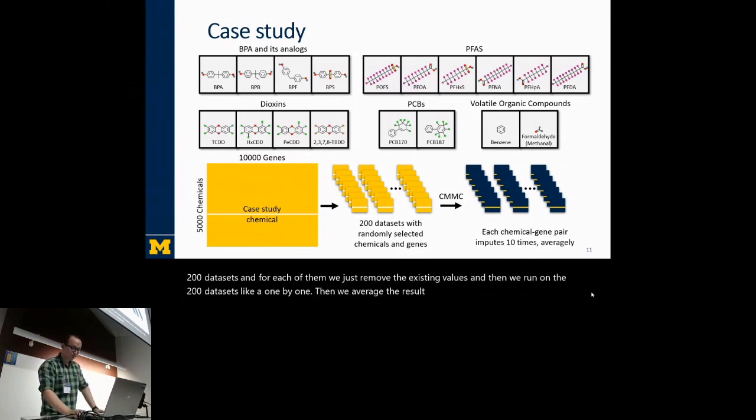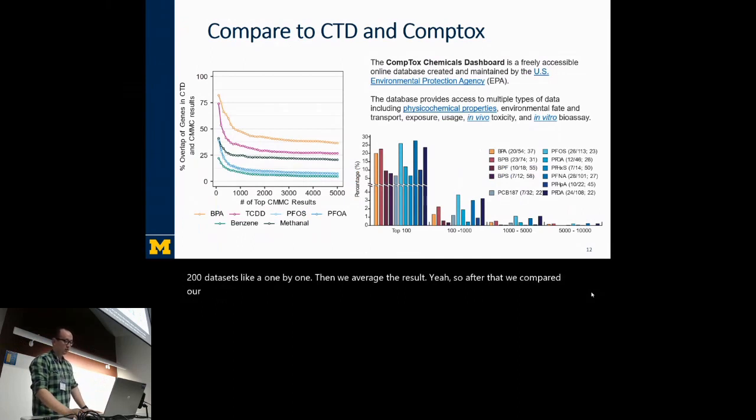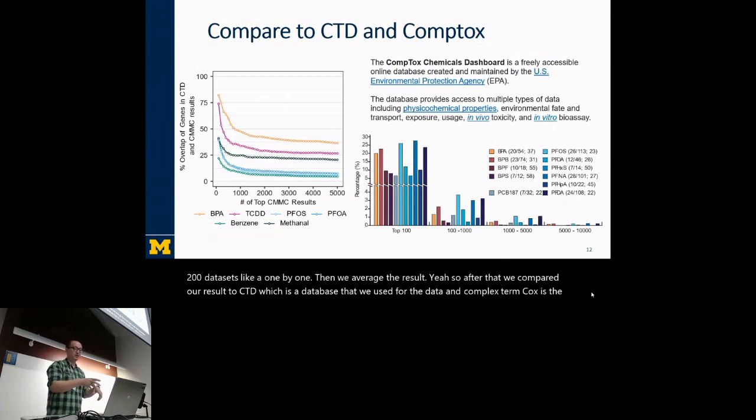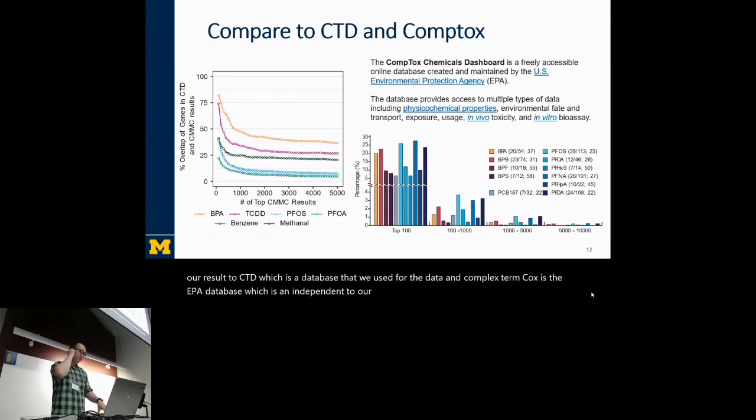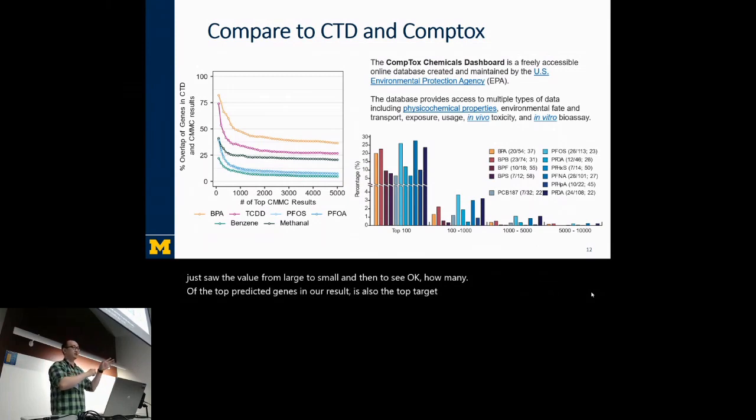After that, we compared our result to CTD, which is the database that we use for the data, and CompTox. CompTox is the EPA database, which is independent of our data. For this figure, because our result is not binary but a value, we sort the values from large to small, and then see how many of the top predicted genes in our result are also the top target genes in CTD.